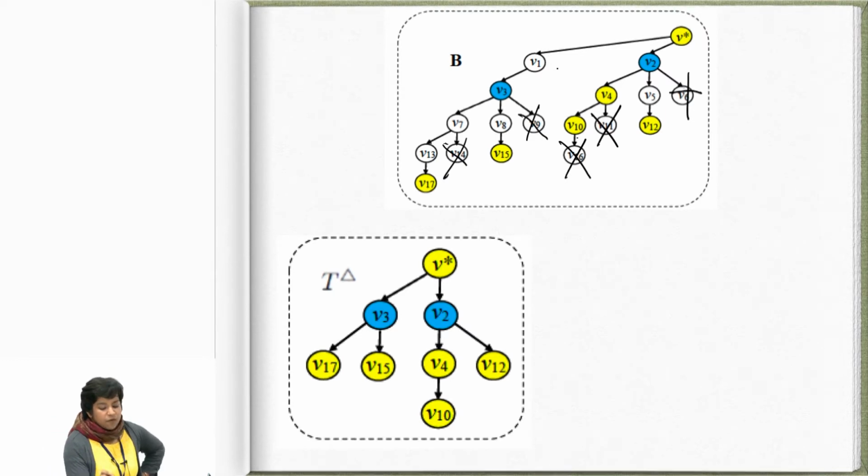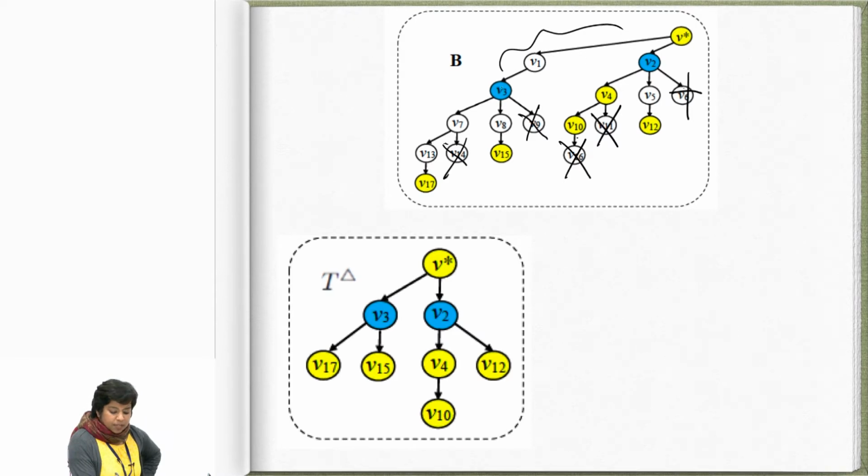Now furthermore, what I do is, I go again back to the root, and I go down to a blue vertex or a yellow vertex, one of these colored vertices, and if there are no colored vertices in between, then I can compress that path also. So for example, between V star and V3, there is one uncolored vertex, so this path can be compressed into one arc.